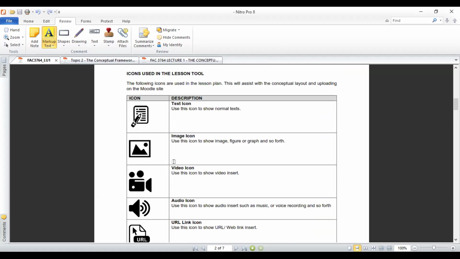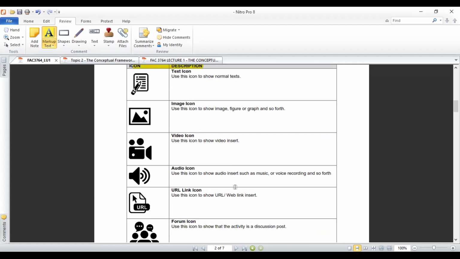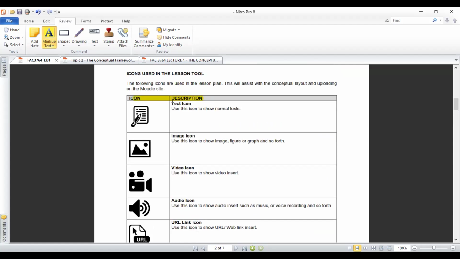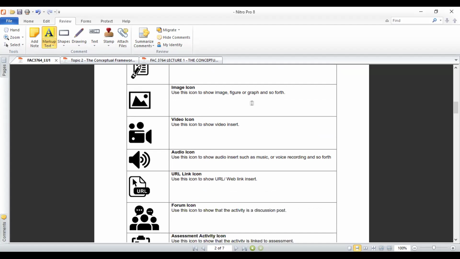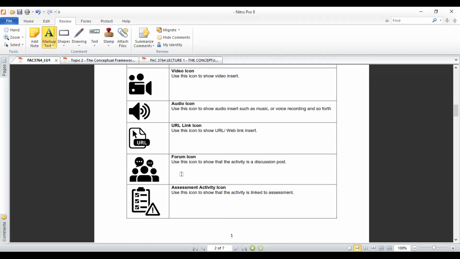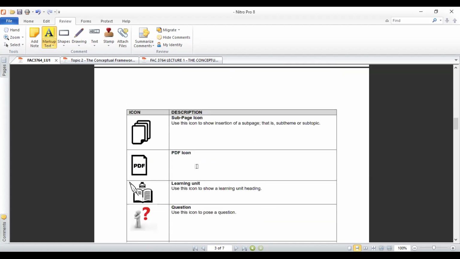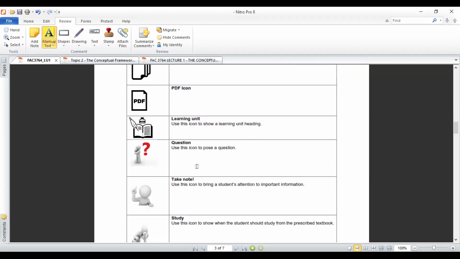They've given you some guidance around the icons you're going to come across as you go through the different learning units in this module. But this is really for your own personal study, because I'm not going to take you through the study guide. I believe that as a student, you can do that on your own.